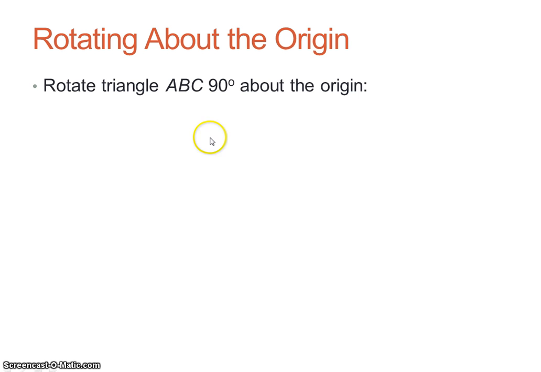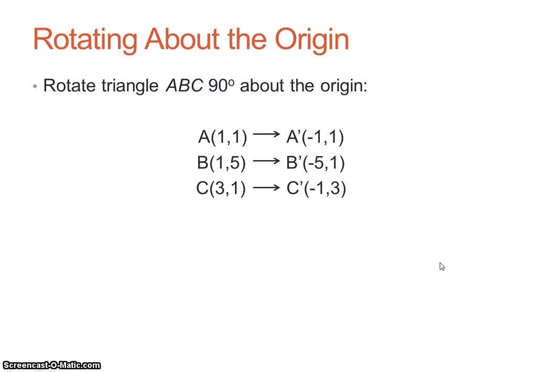Looking at our PowerPoint, we've got our A, B, and C. You should have gotten A prime to be negative 1, 1, B prime to be negative 5, 1, and C prime to be negative 1, 3. Looking at these points, we can think of a rule. 1 becomes negative 1, 1 stays positive 1.